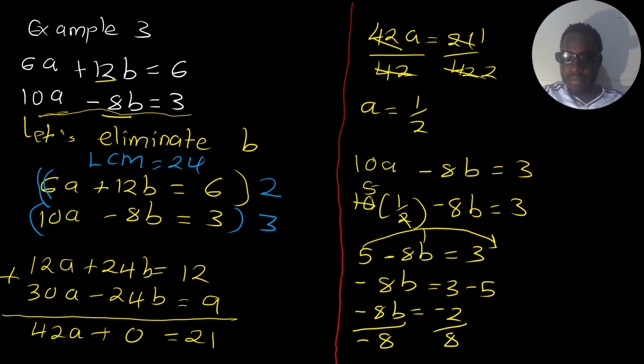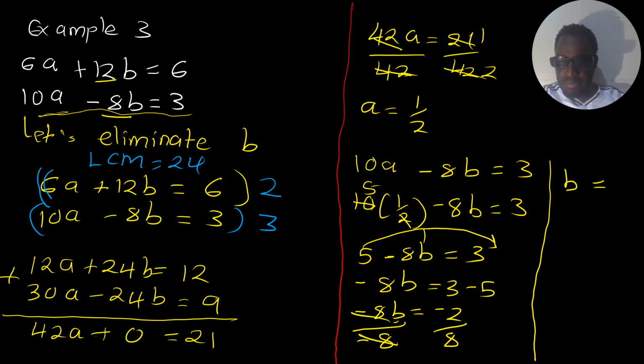So b is equal to, negative divided by negative gives a positive number. 2 here once, 8 here 4 times. So b is equal to 1 over 4.